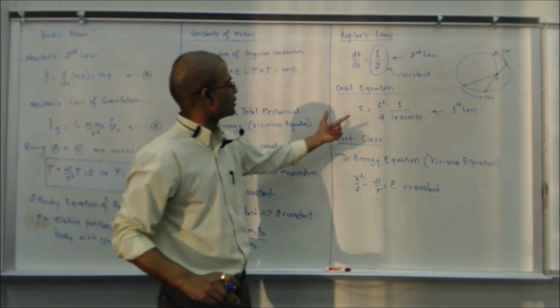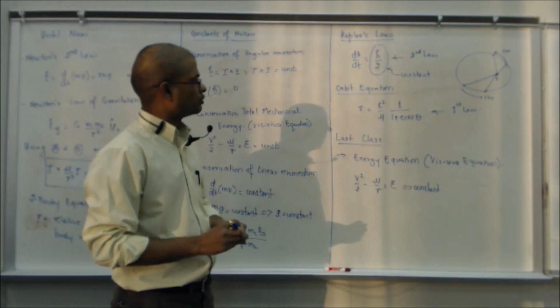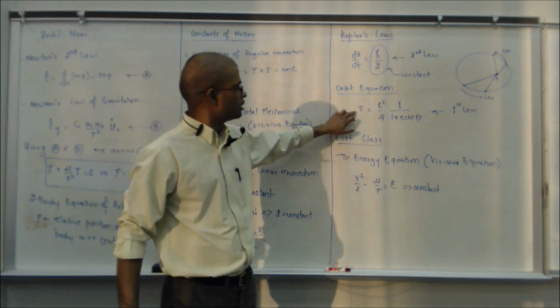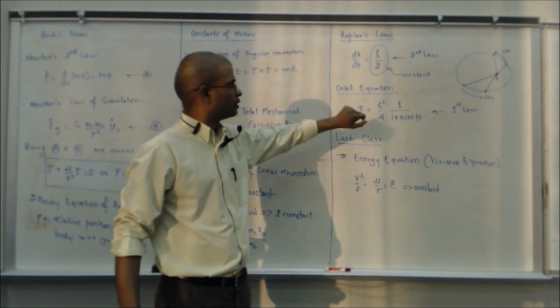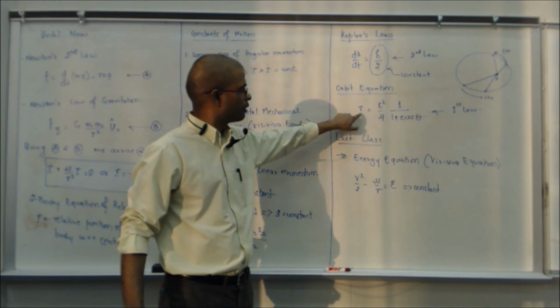Now, if you look at this, just look at the orbit equation. The orbit equation says this is a conic section. The trajectory r, you have to think about it like this.